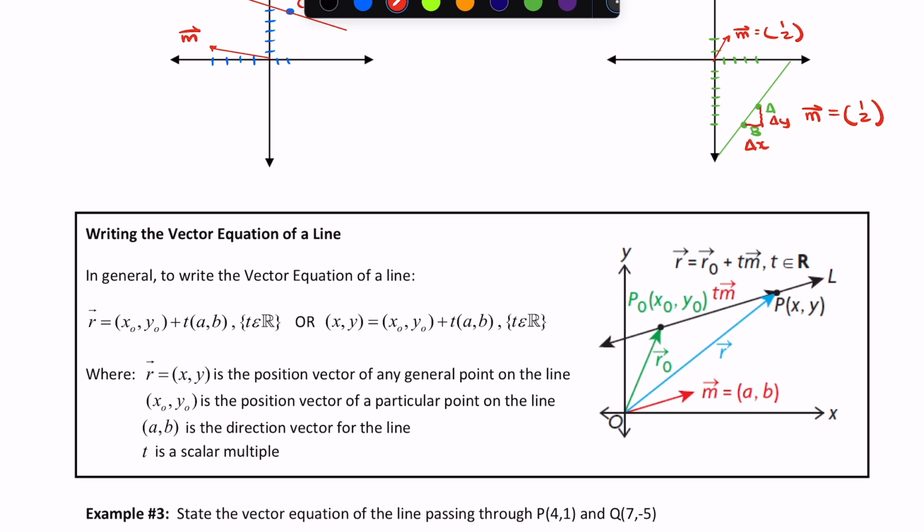And we have (a, b), which is the direction vector of the line. And then t is the scalar multiple. So it's written as the vector r is equal to (xo, yo) plus t times (a, b).